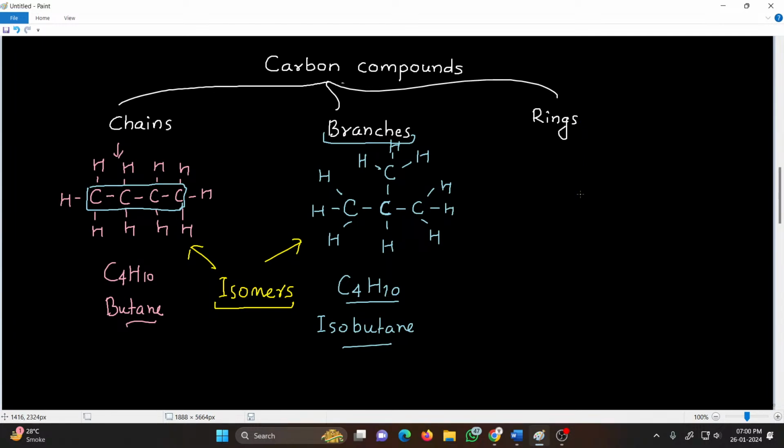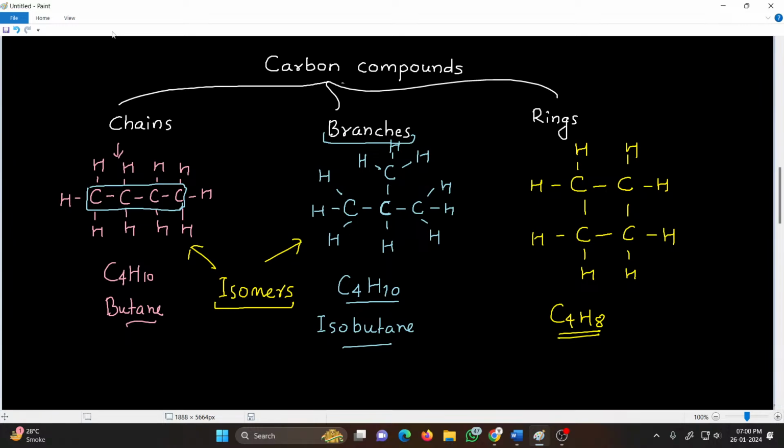There is one more way in which carbon atoms can bond with each other, and it is like this. They can form a ring like this. And this is a ring structure, but now the formula will not be C4H10 here, it is actually C4H8, which is a structural isomer of this butene, as we have seen in the last example.